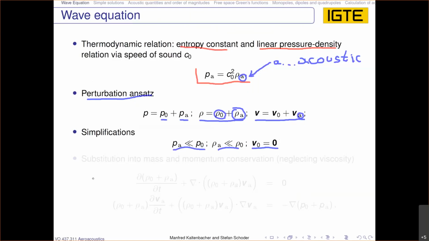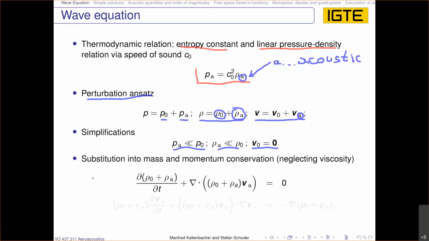Okay, and now our job is nothing else than to substitute this ansatz into the mass and momentum conservation equations. The energy conservation equation is already fulfilled. The entropy is just constant, and we come up to the very nice relation, as shown on the top, between acoustic pressure and acoustic density.